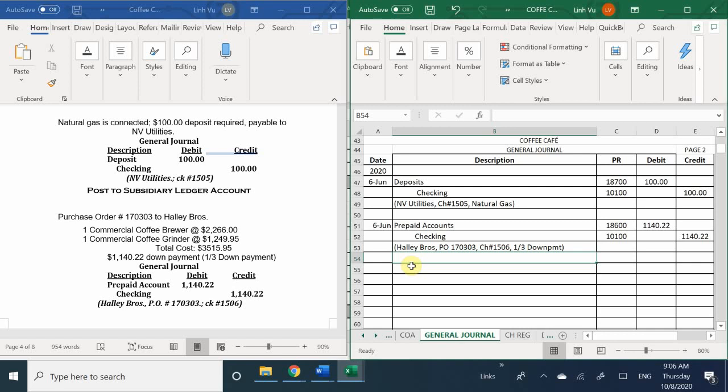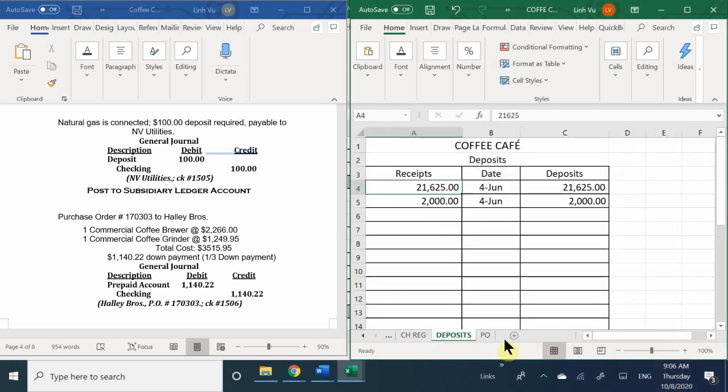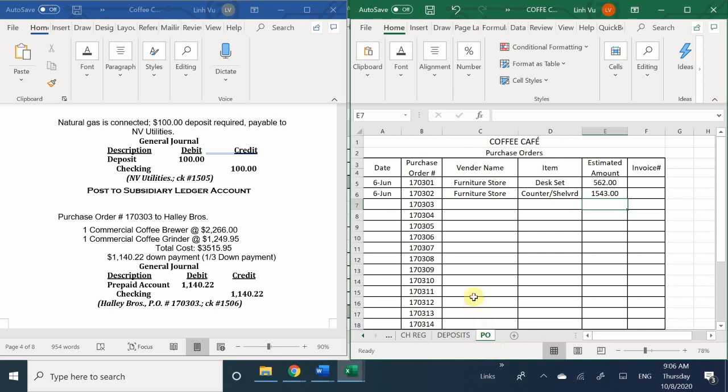Before moving on, we've written our check, correct? But because we made a purchase order, we should also fill in that information. We know the purchase order number is 170303.